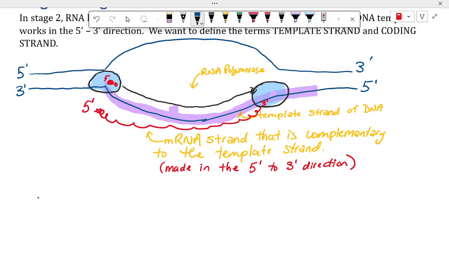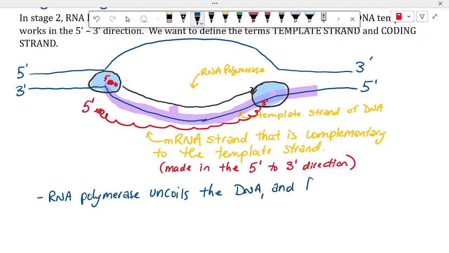So, in this case, the RNA polymerase itself uncoils the DNA, and forms a complementary strand of mRNA.